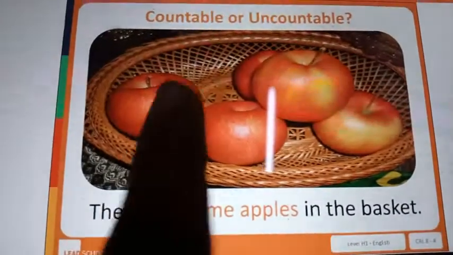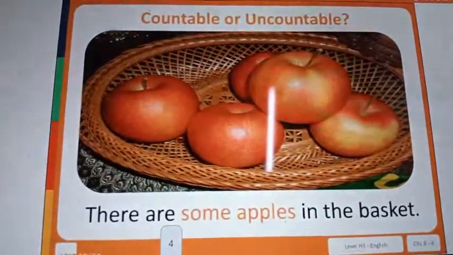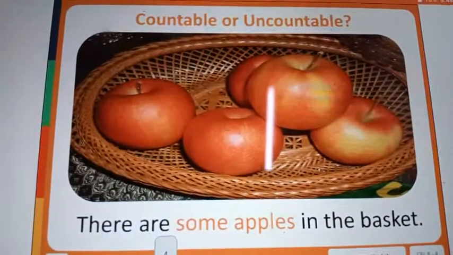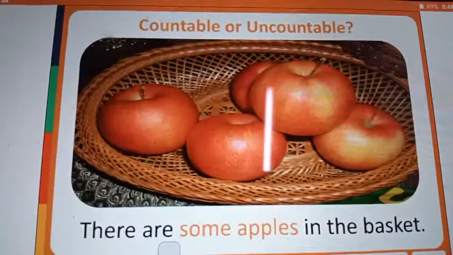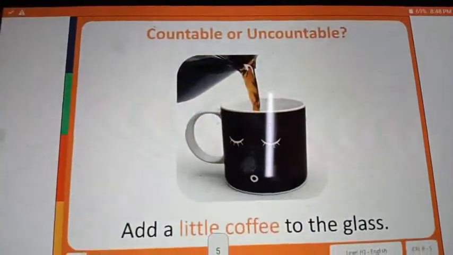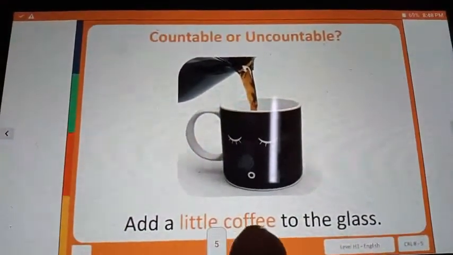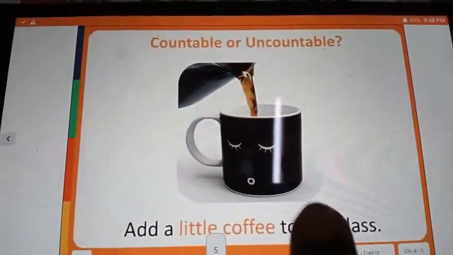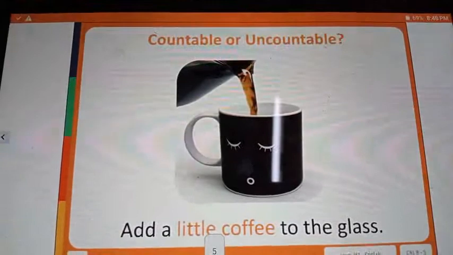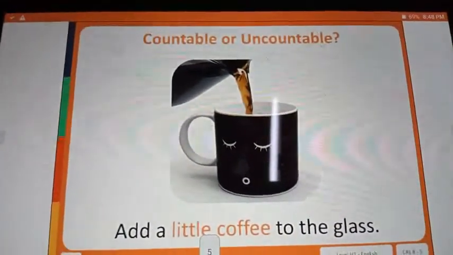Next, there are some apples in the basket. Is this countable or uncountable? This is countable. Next, add a little coffee to the glass. Is this countable or uncountable, my dear children?